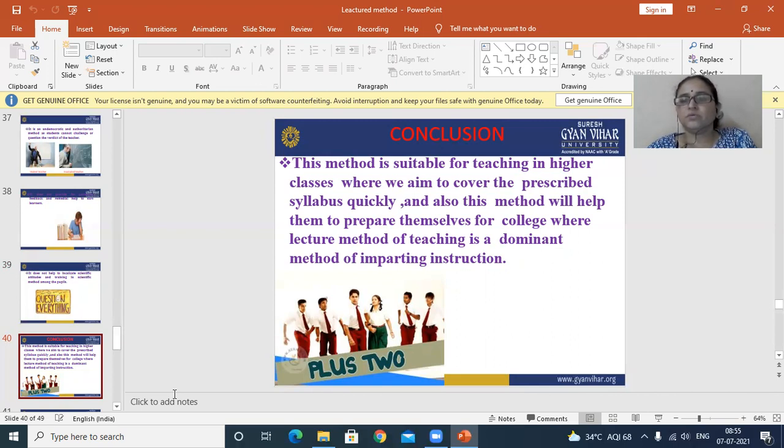And also whenever we have a large audience, then we use the lecture method.